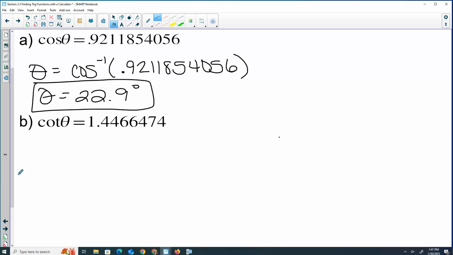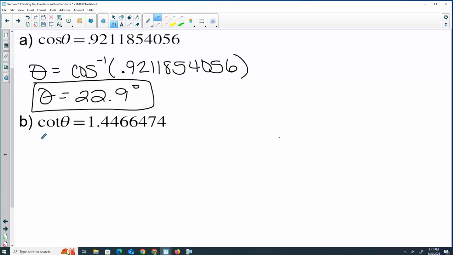B has an extra little trick to it. When I look at this, if I just wanted to find my angle, to move my cotangent over becomes cotangent inverse. But do we have a cotangent inverse button on the calculator? No. So before I do anything, I'm going to rewrite this.